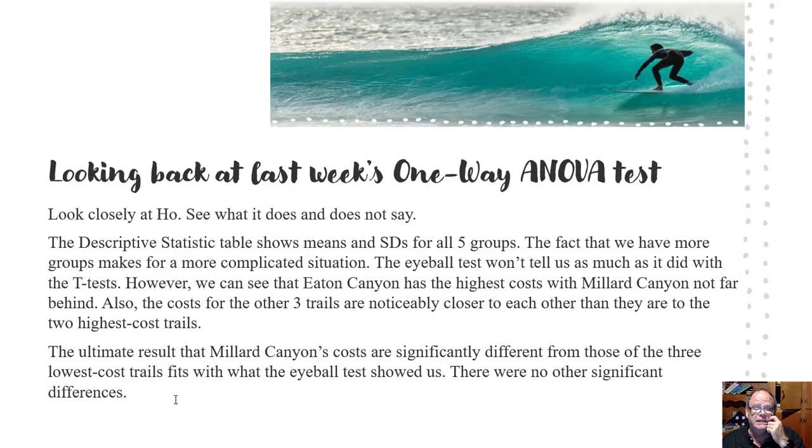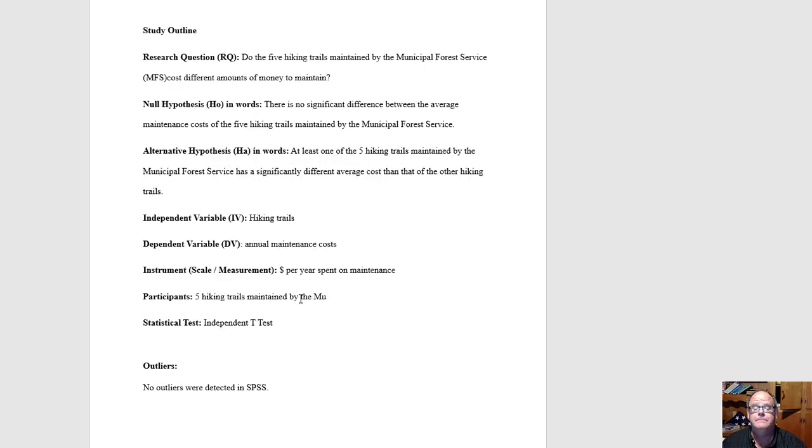All right, so let's look back at last week's ANOVA test. Let's start by looking closely at the null hypothesis to see what it does and does not say. The null hypothesis here says, we're talking about the ANOVA, remember, there is no significant difference between the average maintenance costs of the 5 hiking trails maintained by the Municipal Forest Service.